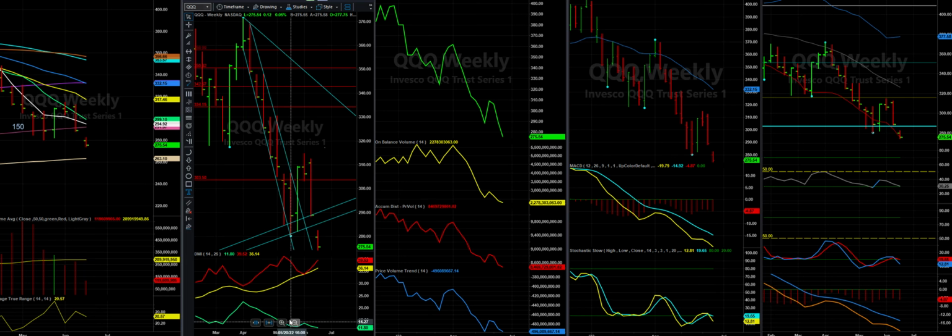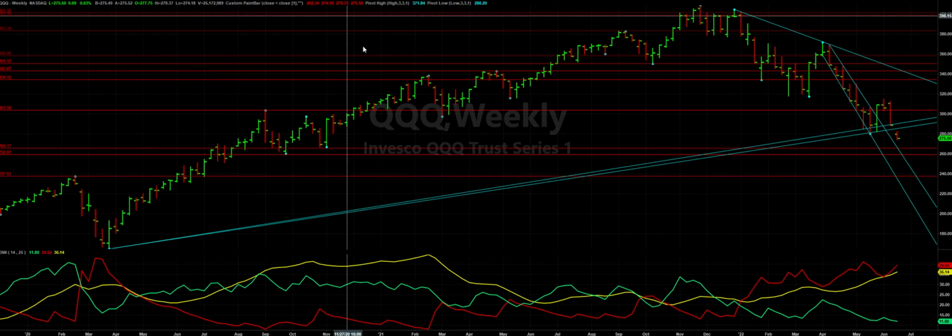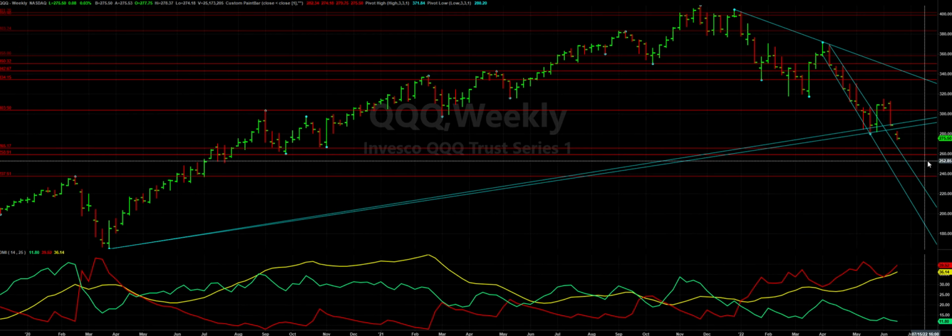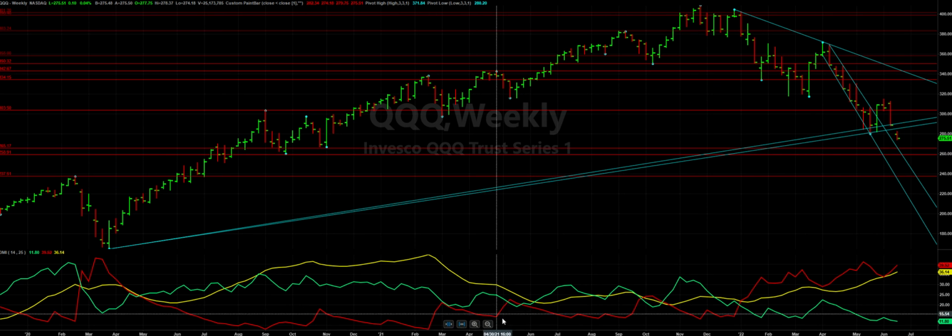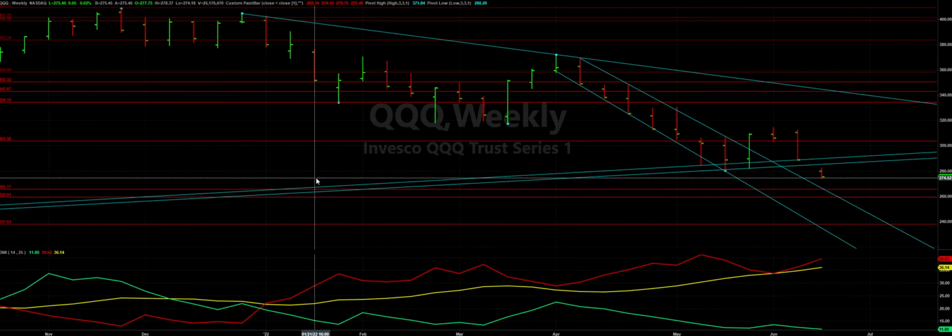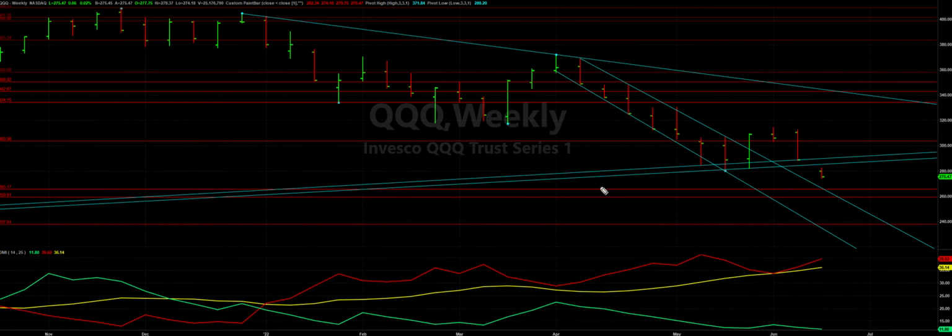We don't want to start testing that horizontal support level at 265.17, because we get mighty close to the 200-week moving average. We definitely don't want to break this horizontal long-term support level at 265.17.